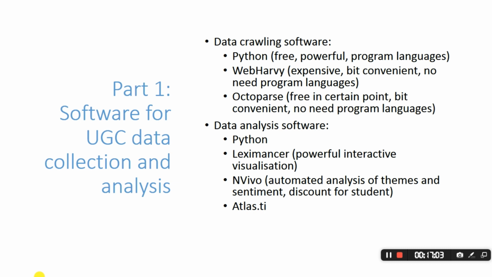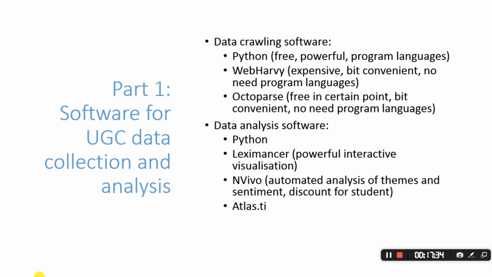For data analyzing, Python and Leximancer were often used in peer studies. Leximancer is a powerful interactive visualization tool, but a little bit expensive for students. I used NVivo in my study. For students, the price is about €100 for a 2-year license.